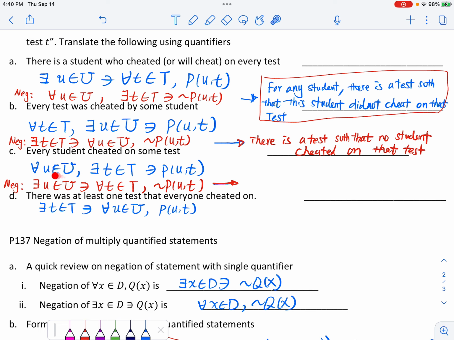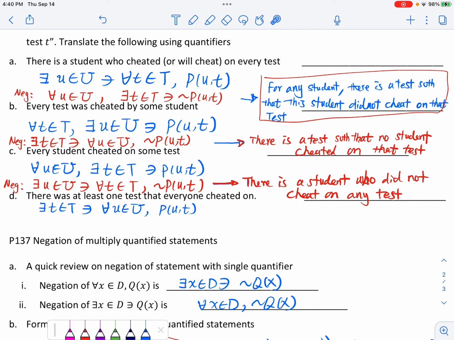Let someone else pick any test that they like, and you prove that this student did not cheat on that test. So there is a student, and this student is so smart and so nice that this student did not cheat on any test.